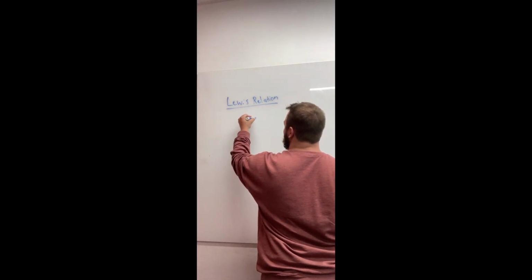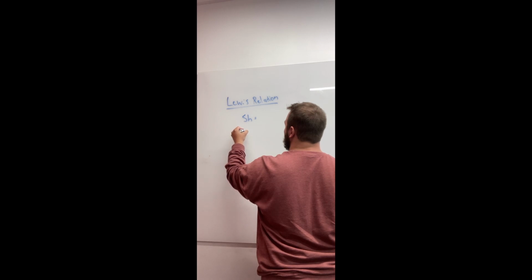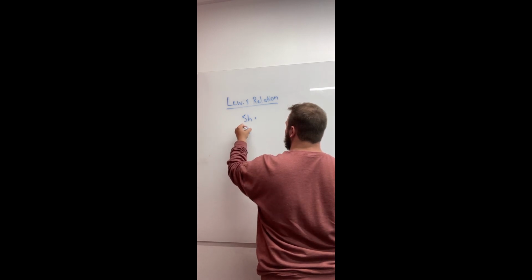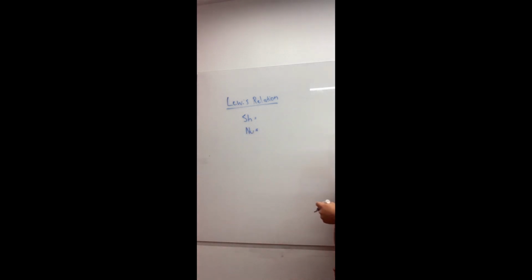We have Sherwood number, and then we'll put Nusselt's number up there also, and I'll describe it, and then we'll divide the two, and that'll be equal to the Lewis number.